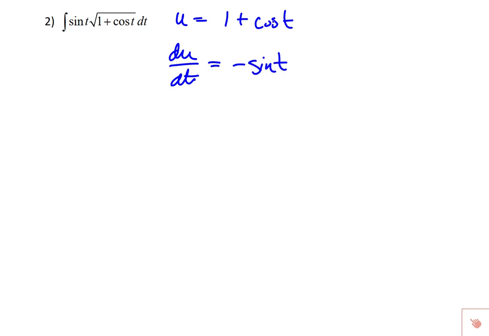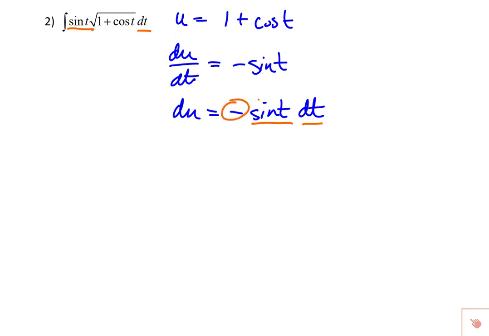The derivative of cosine is negative sine, and then we can multiply both sides by dt like we did before to end up with du equals negative sine t dt. Now we're trying to make some replacements here, and notice that sine of t and dt are two factors that could be replaced in our original integrand.